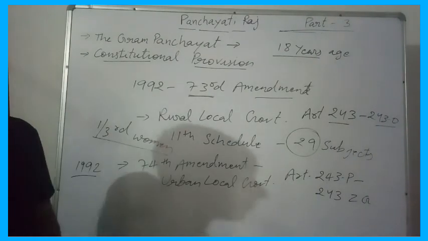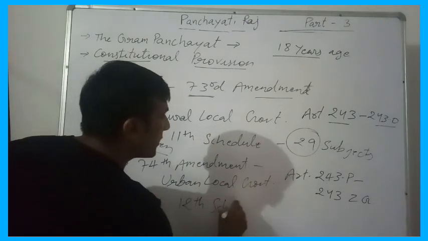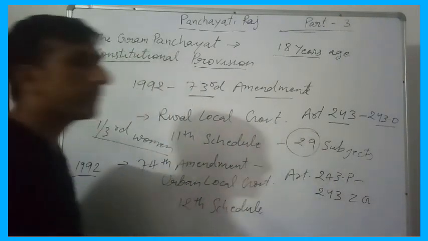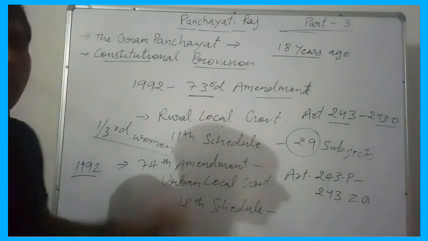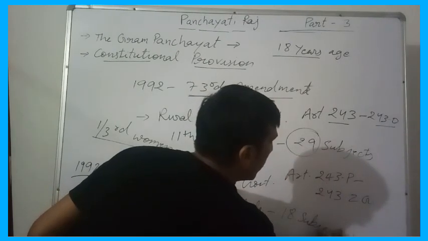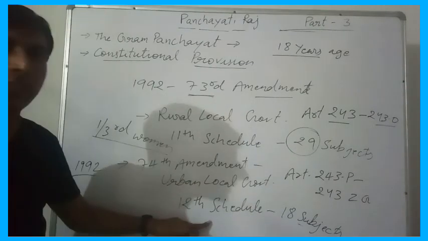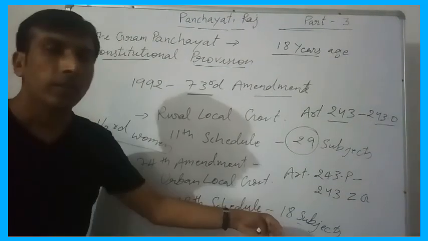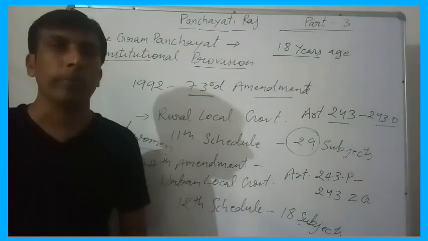In 1992, in the Constitution, the 12th schedule was added, and for the urban government, a total of 18 subjects were added in this schedule, providing powers on these subjects to the urban local government.